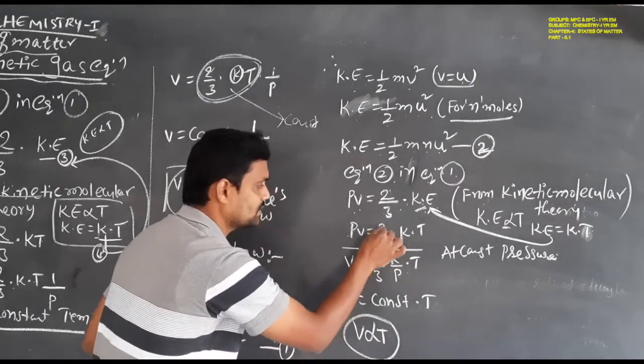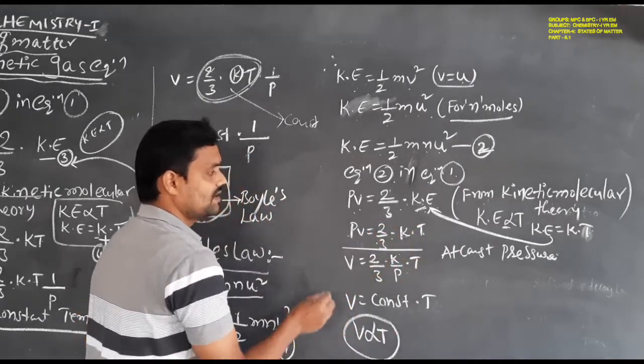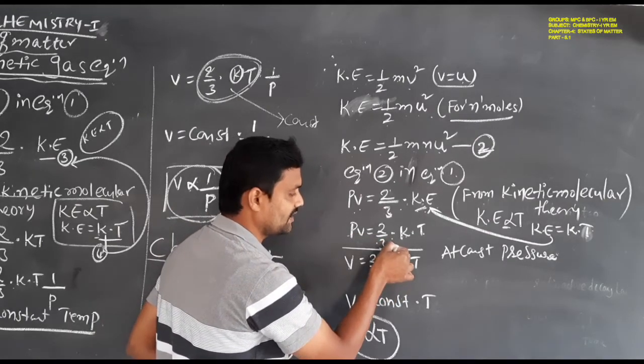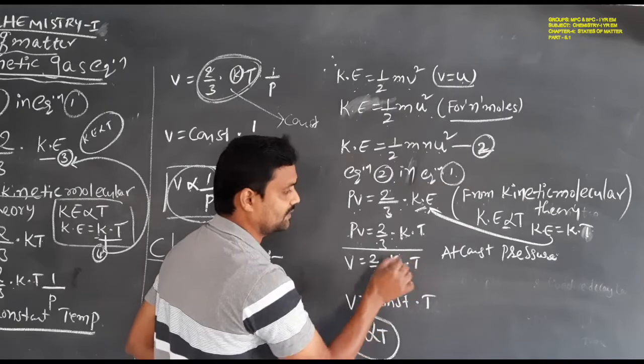So V equals 2 by 3 into K by P into T, with P going to the denominator.